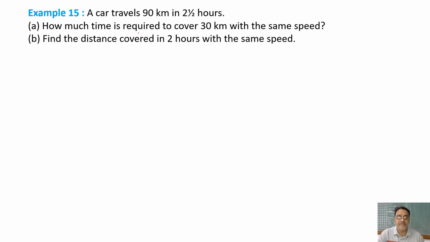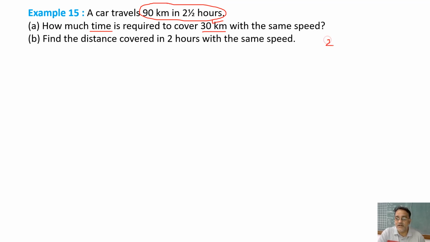How much time is required to cover 30 km with the same speed? Find the distance covered in 2 hours with the same speed. Let's see, here time is unknown and distance is given. So what will we do? Time is unknown and distance is given, so we will use the statement that is given. 2.5 hours, how much distance will it travel? 90 kilometers. Okay. So we will change this.